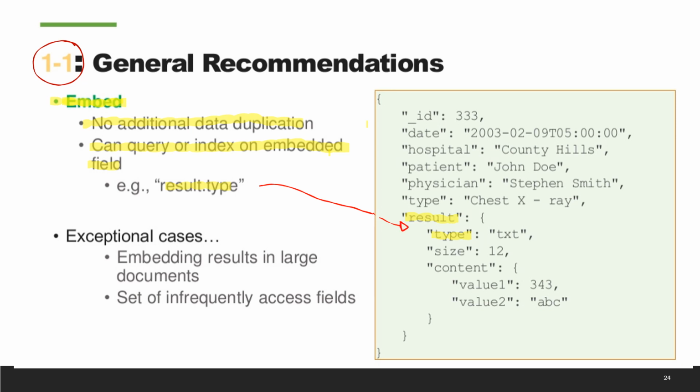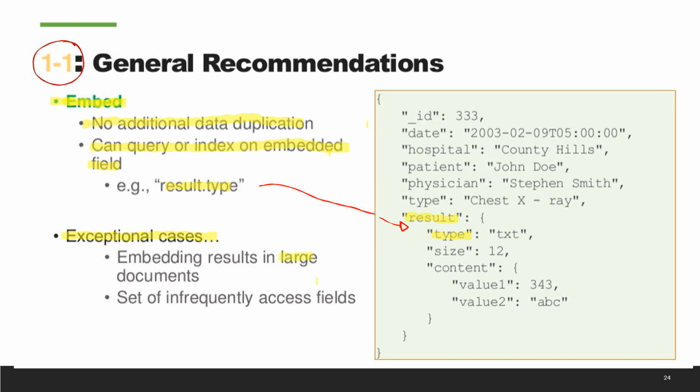Okay, and what would be exceptional cases or the disadvantages that we may need to consider as well? With the embedding, of course, when you make use of the embedding mechanism, the resulting document will become large.